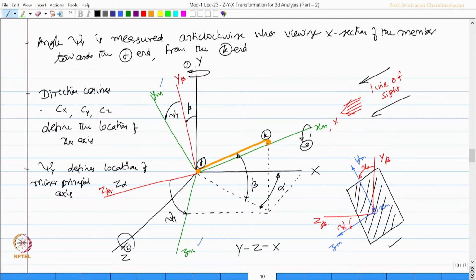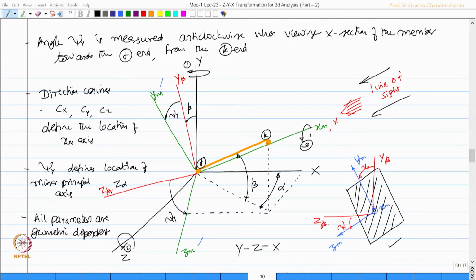In the transformation, all parameters are geometric dependent.